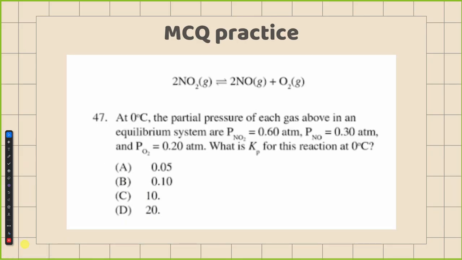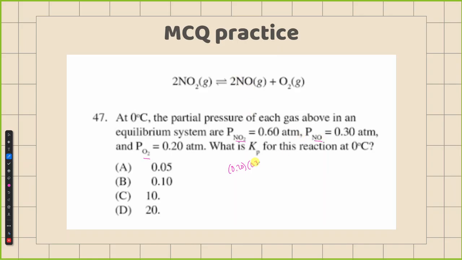Okay, partial pressure of each gas above are these 3 values. It says it's at equilibrium, so this is just a plug and chug. All you need to do is put it into the expression. And like I said, on these multiple choice ones, don't even bother with doing extra work. NO2, NO, and O2. So O2 is on the top, 0.2.